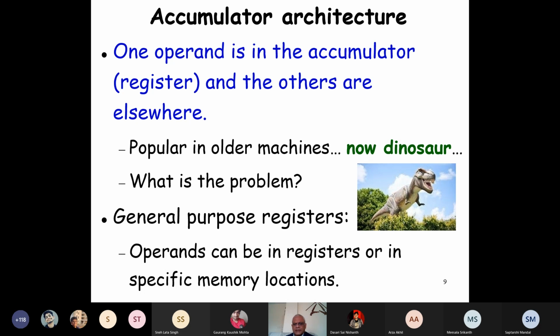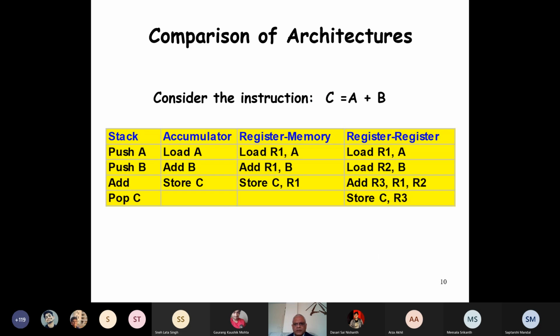It is really nice if it takes operands from any register, wherever it is, and produces the result in any required register. That way you save a lot of operations, and that's why the accumulator architecture is no more used. Now let's look at a comparison of these architectures.